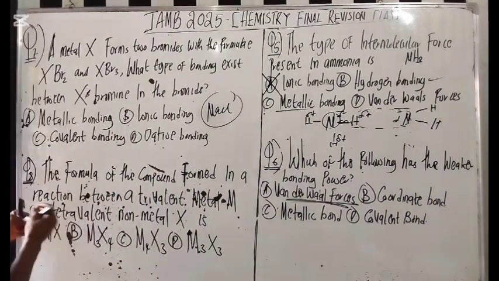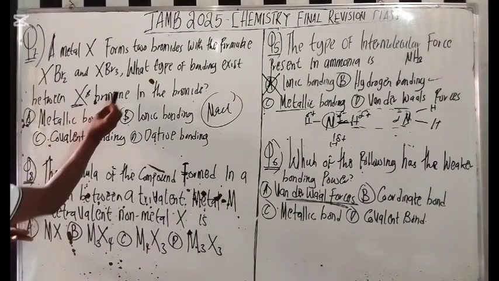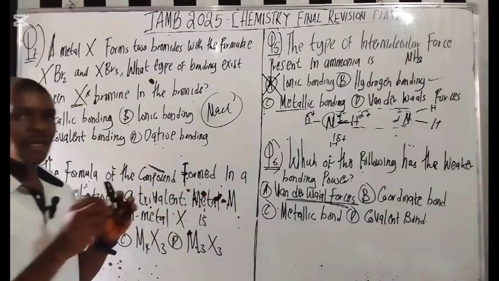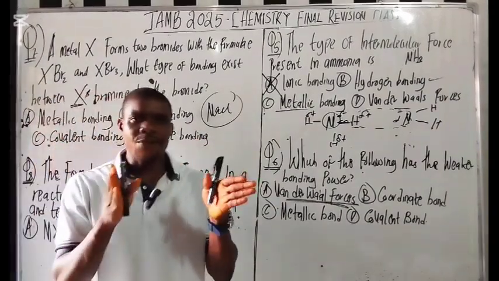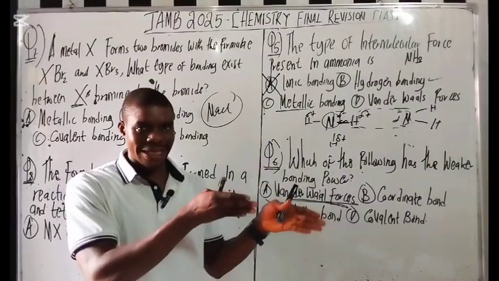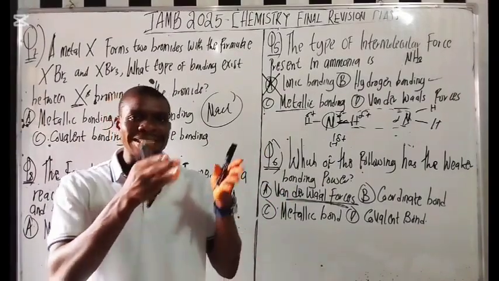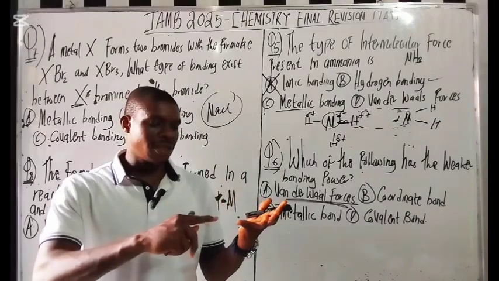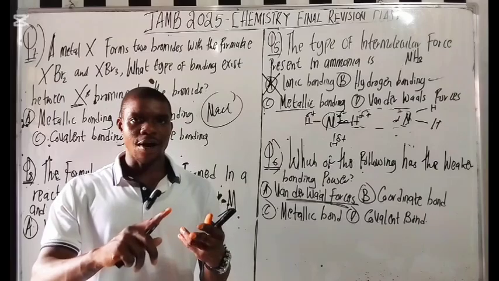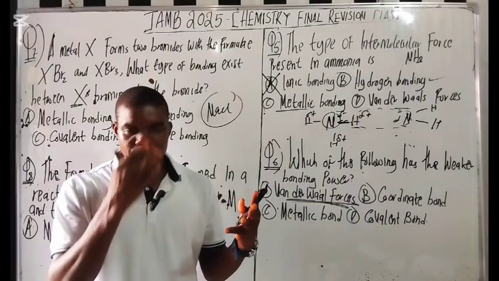This one here is a metal, and this one is a non-metal, because only metals can have variable oxidation states, like the transition metals zinc, chromium, nickel and manganese.